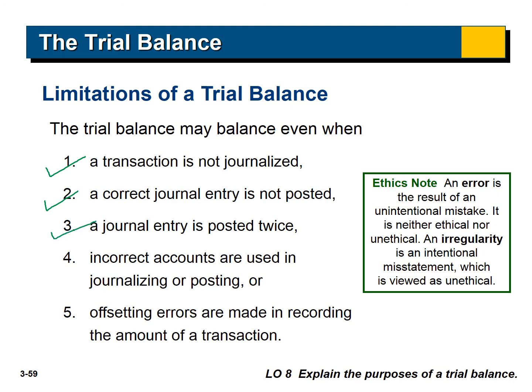If you post something twice, they'll still balance, they'll just have twice as much in there. Incorrect accounts are used for journalizing and posting. That's the biggest problem. If you put it in the wrong account, it's still going to balance out. And then offsetting errors are made in recording the amount of a transaction. You make an error twice.